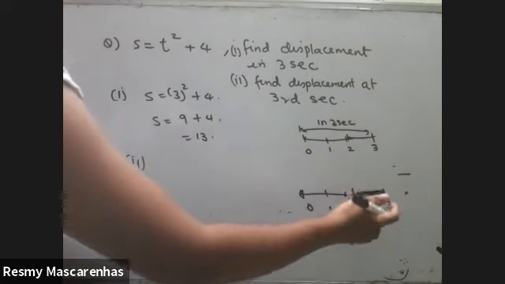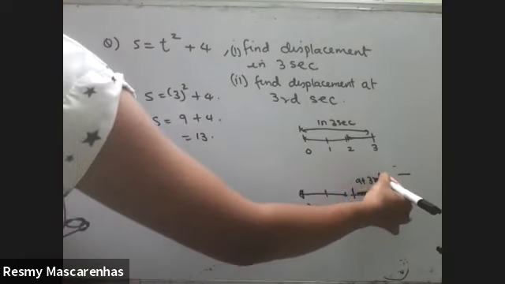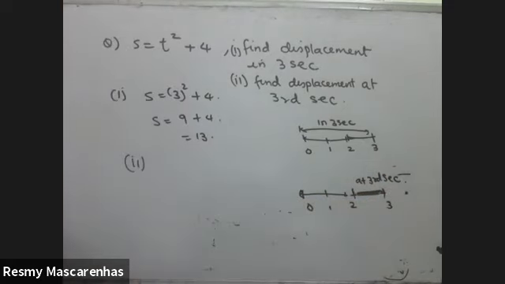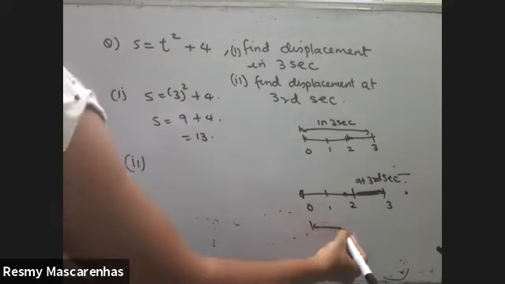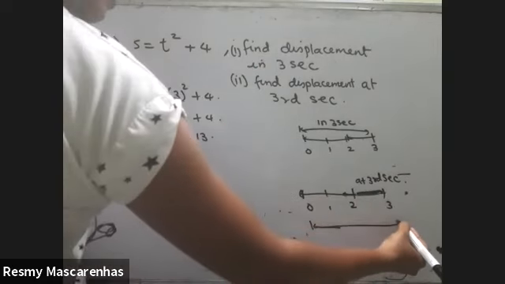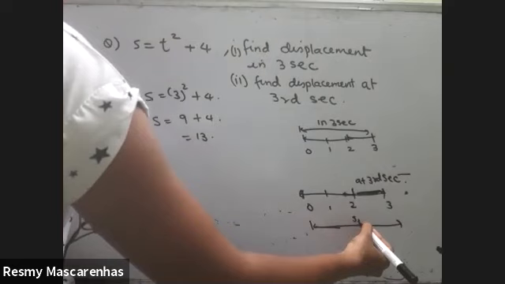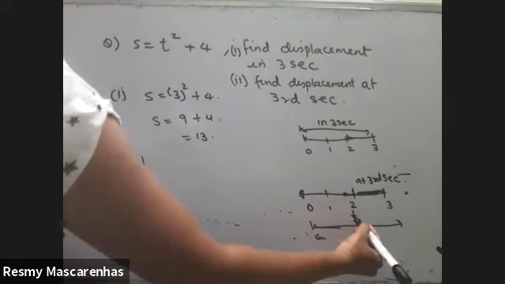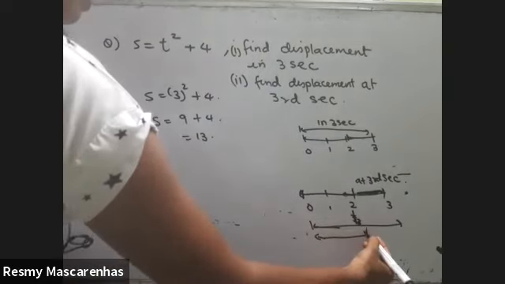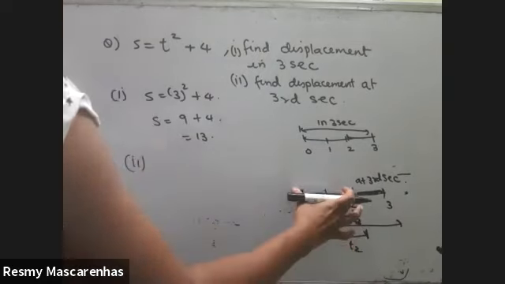This is only this much at third. After the 2 seconds, your third second starts. So within that much time, how much distance have you covered? So in that case, what will it be? This whole thing S3 minus this part. So whole thing minus this will give you this.